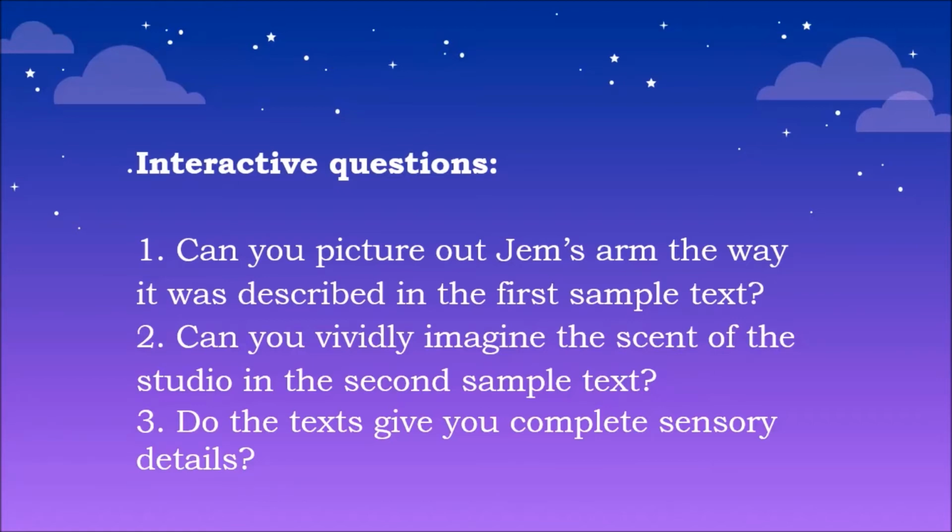Second, can you vividly imagine the scent of the studio in the second sample text? And again, our answer was yes. Third, do the texts give you complete sensory details? Well, because of our answers before, definitely. Those texts gave us complete sensory details.